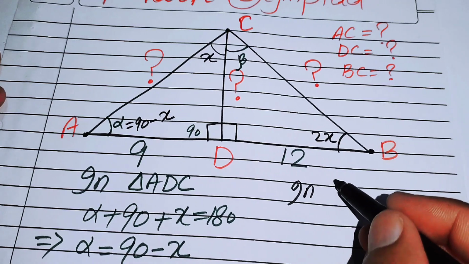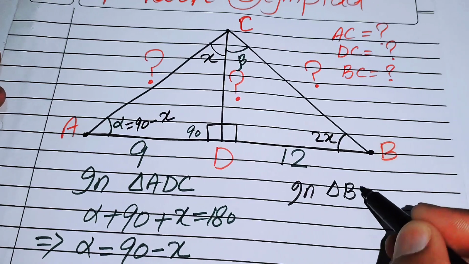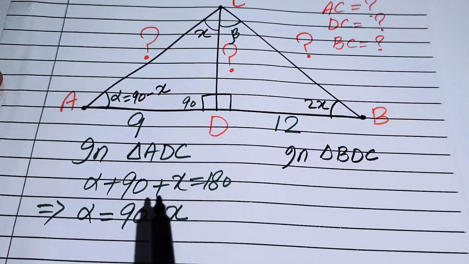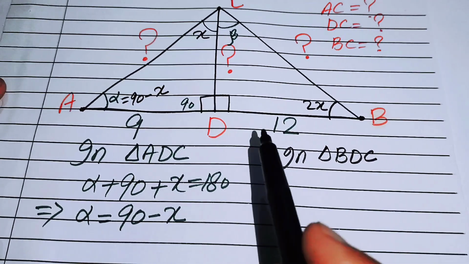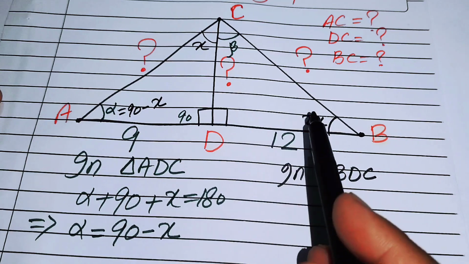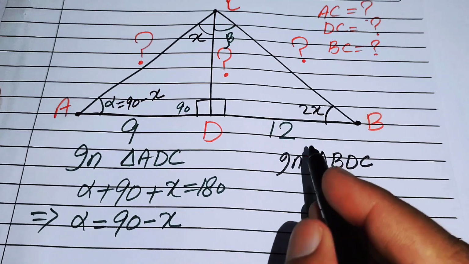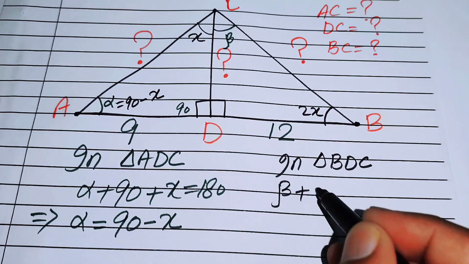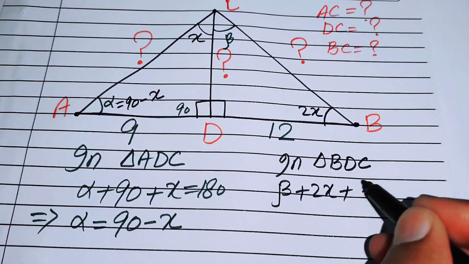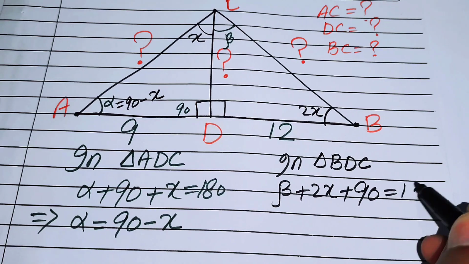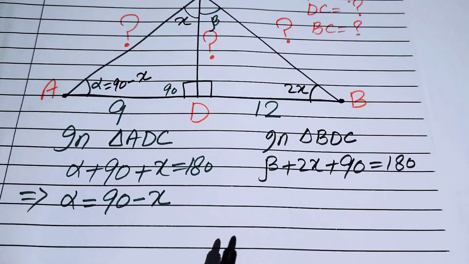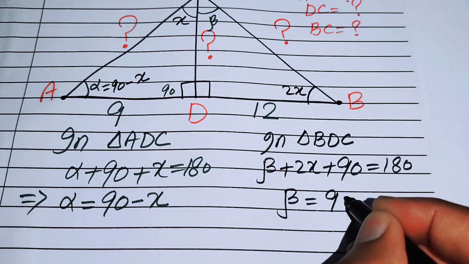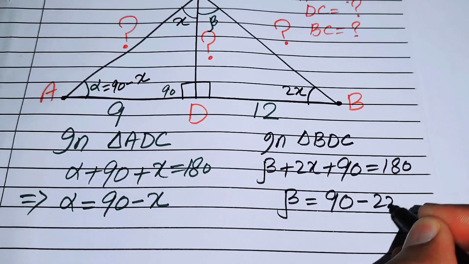In triangle BDC, again I can apply the similar concept: the sum of these three angles is equal to 180. So you have beta plus 2x plus 90 is equal to 180, and you find the value of beta, it is 90 minus 2x.